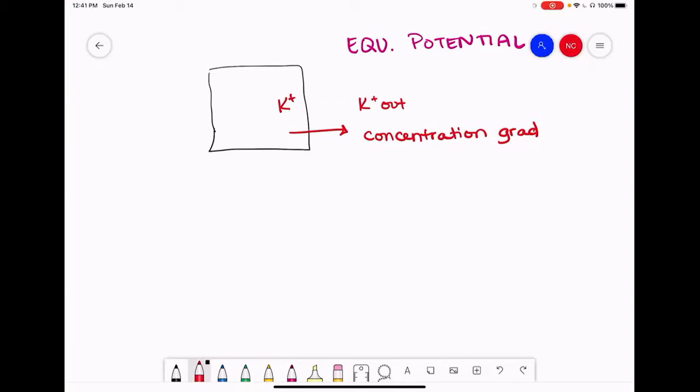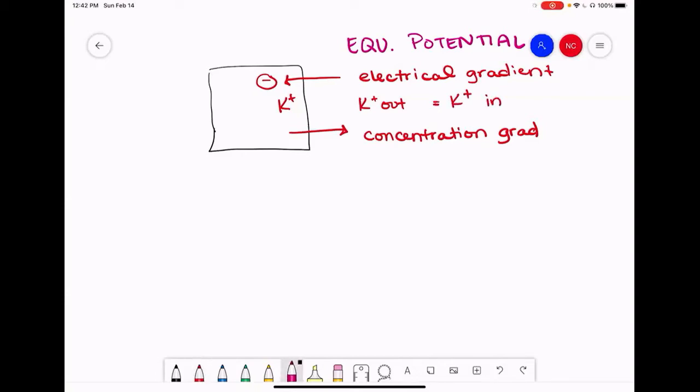If you can imagine, when potassium leaves the inside of the cell, that's going to make the inside more negative. And it's this negative charge that's going to passively pull potassium back into the cell. We call that the electrical gradient. So this electrical gradient is going to pull potassium into the cell.